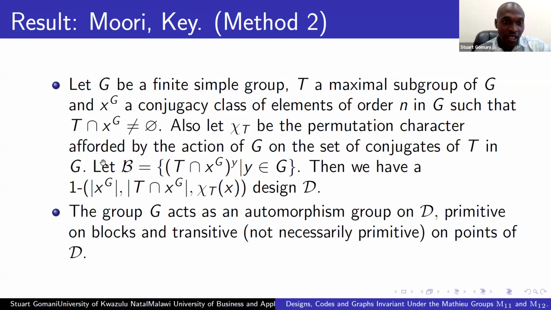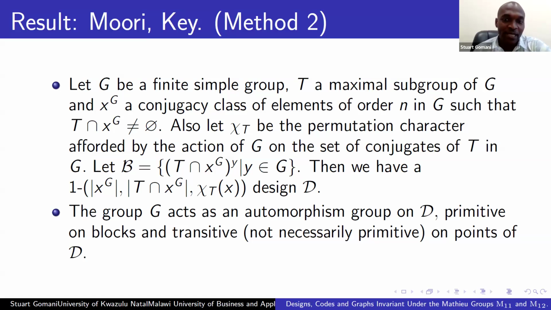What we need is to set up a set containing this initial block. To determine the conjugates of that block, we allow the group that is acting to act on that initial block by conjugation. So the calligraphic B is going to be a set containing the block plus all the conjugates of that block.